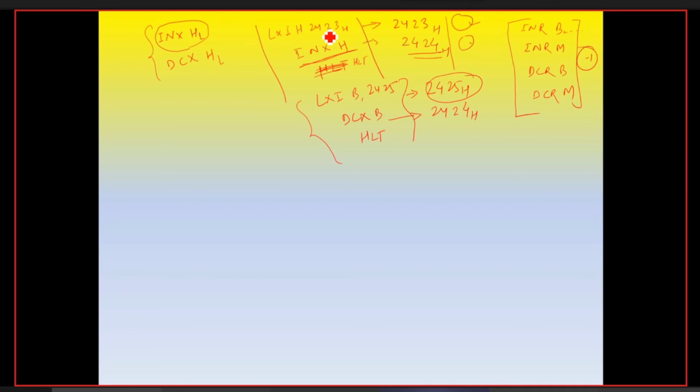It becomes 2424. So in this instruction, the value of H is 24 and the value of L is 23. After this instruction, the value of L remains the same, but the value of H will change to 24.